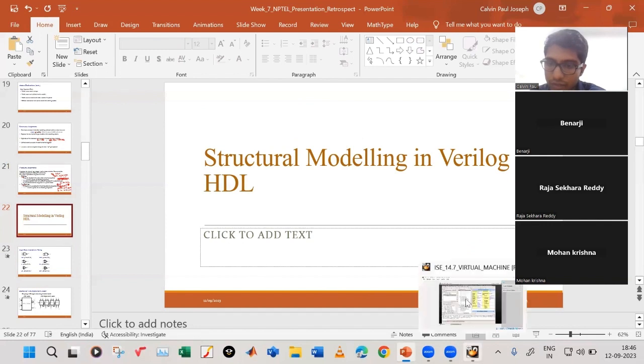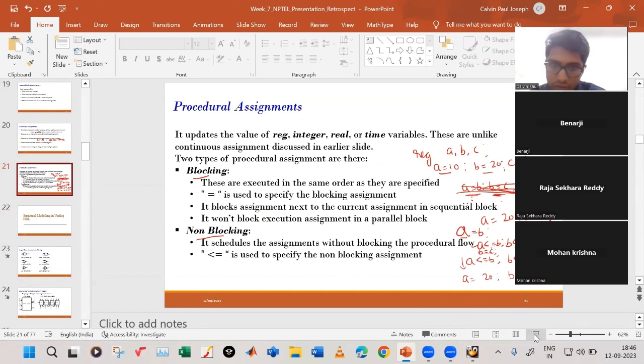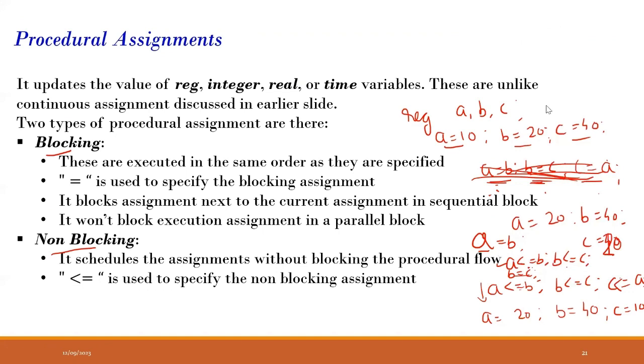Sir, in the last slide, that blocking and non-blocking: wherever we are seeing the blocking statements, all those assignments will be made sequentially, right? Yes. Similarly, wherever we are seeing this non-blocking symbol, the assignments will be made parallelly. Yeah, they'll be made parallelly.